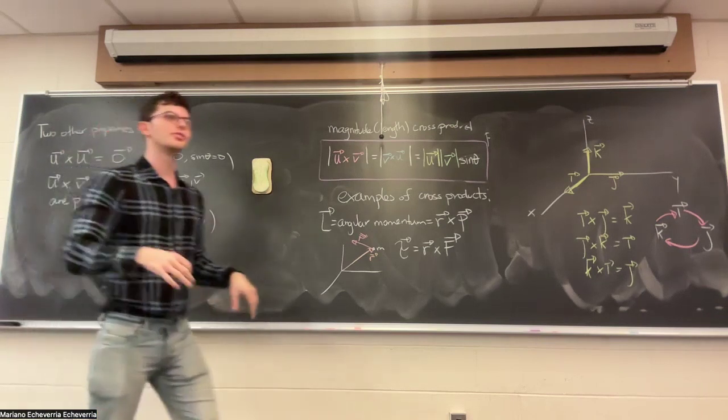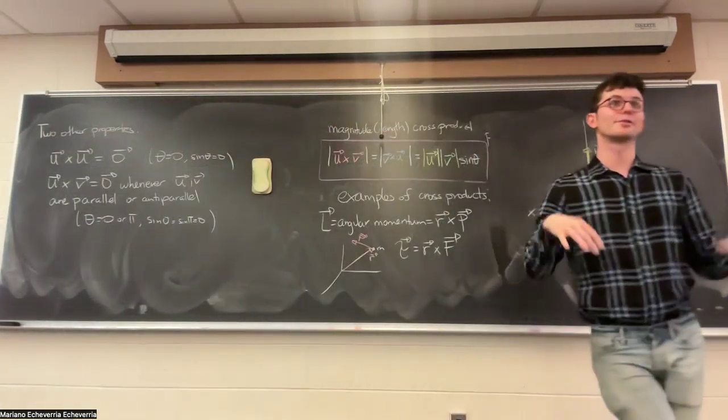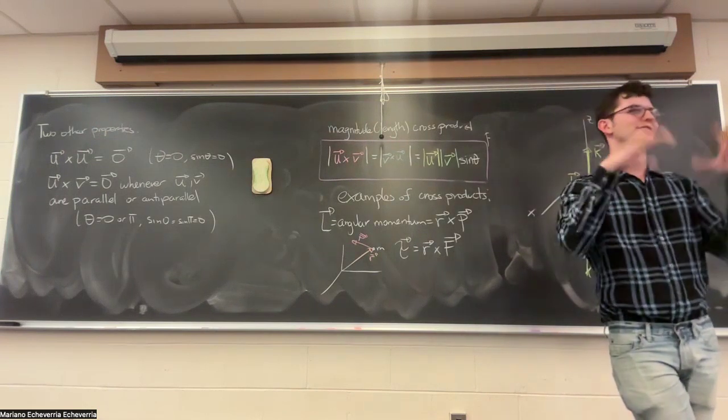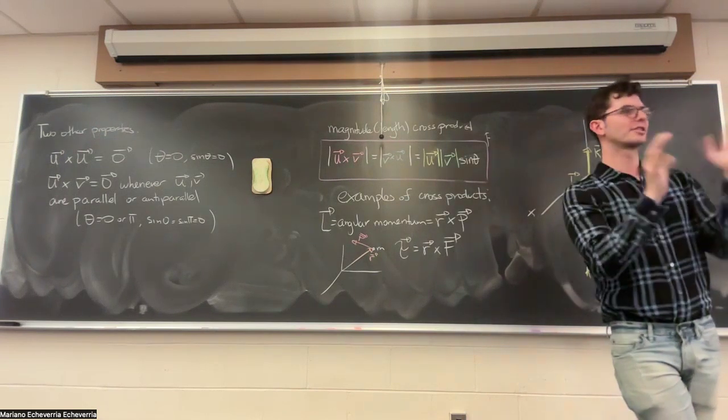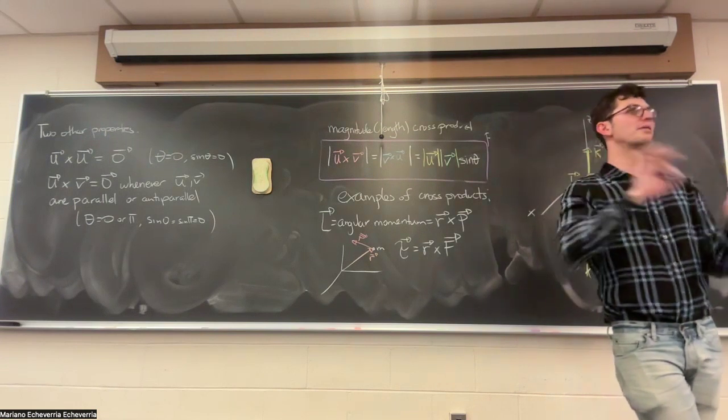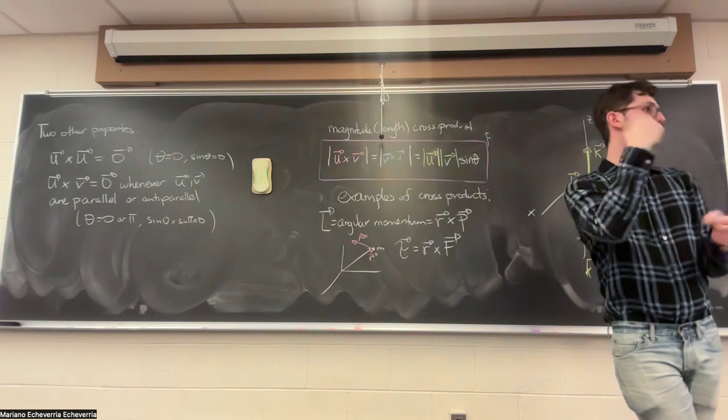So the dot product is zero when the vectors are perpendicular, and the cross product vanishes when the vectors are parallel or anti-parallel. They work in different ways. The rule of thumb is that if you want to check if two vectors are perpendicular, use the dot product.